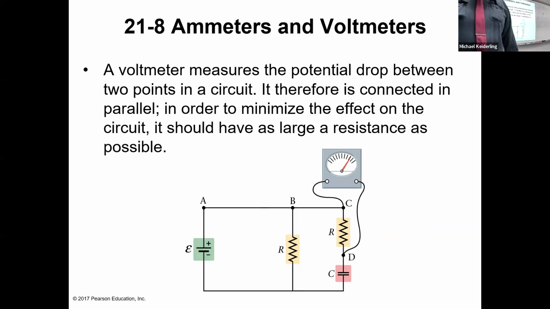If you want to measure the voltage drop along this resistor, you hook the voltmeter to either side of it in parallel. And ideally, your voltmeter doesn't allow any current to flow through itself, so it should have as large a resistance as possible.